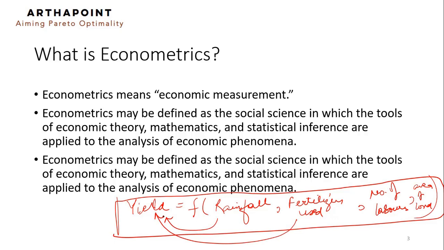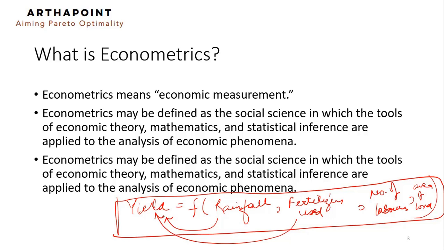When I say that if there is more rainfall, there would be a better yield, if more fertilizers are used, there would be more yield, if the number of labors is increased, there would be more yield, then defining that relationship mathematically is part of econometrics.